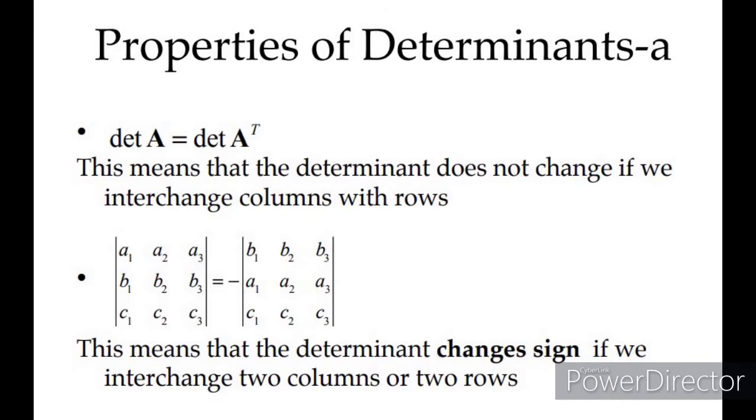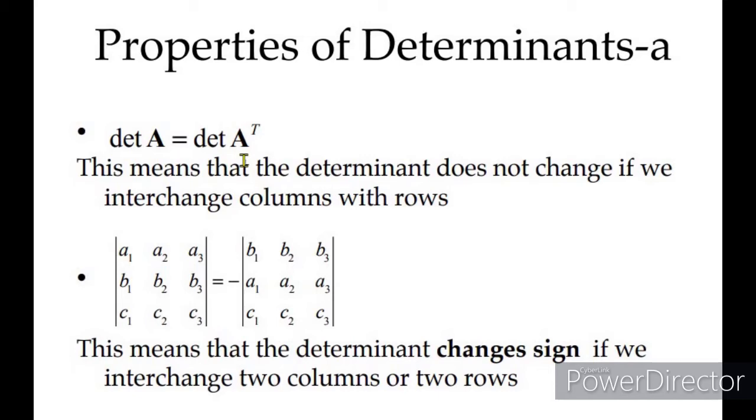Now for the properties of determinants. The first property is determinant A is equal to determinant A transpose. This means that the determinant does not change if we interchange columns with rows. Because when we say A transpose, we are going to interchange the rows and columns of the original matrix A, so their determinants will be equal.